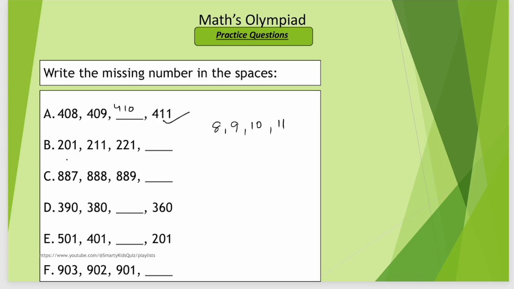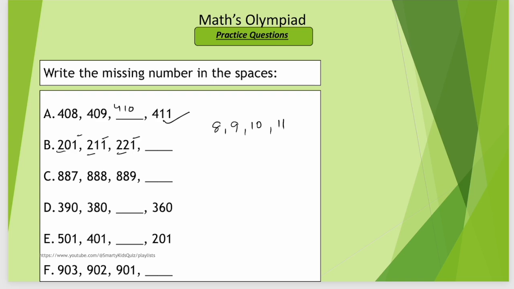Now this one, 201, 211, 221, right? So see here, the hundreds places are fixed, 2, 2, 2, right? Tens place, what is changing? 0, 1, 2. Ones place, 1, 1, 1. So ones place is not changing.